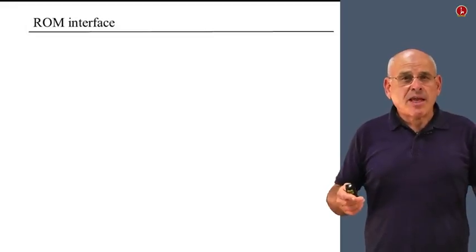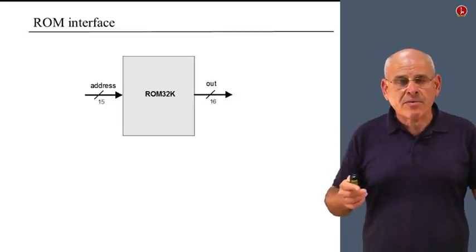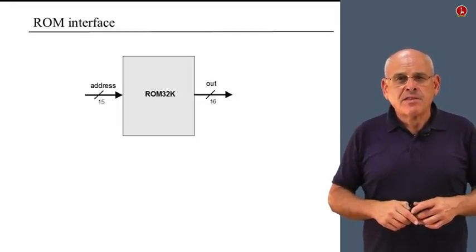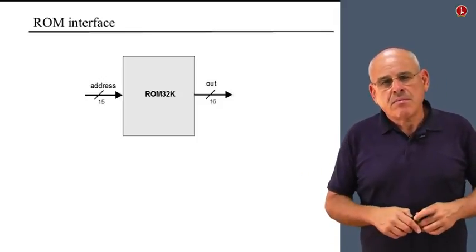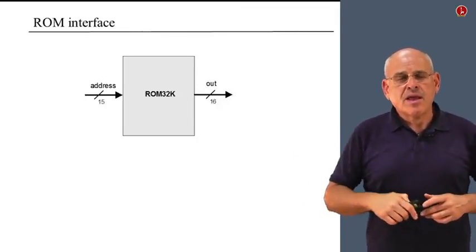So now that we understand how the ROM comes into play in simulation, let's go back to the general specification of the ROM. It's almost a regular memory chip. It has an address coming in. It has some output coming out.